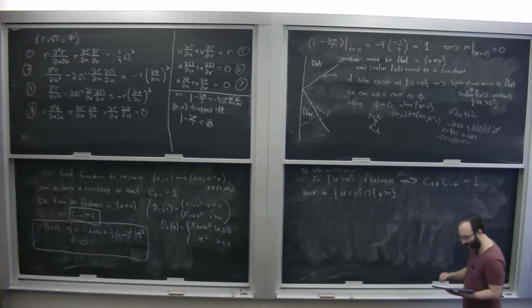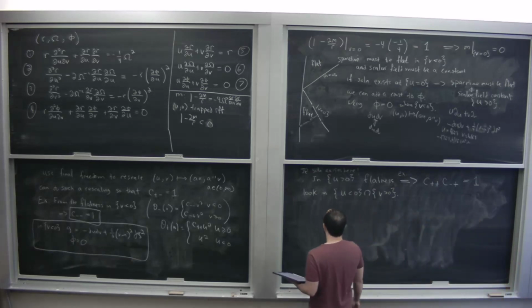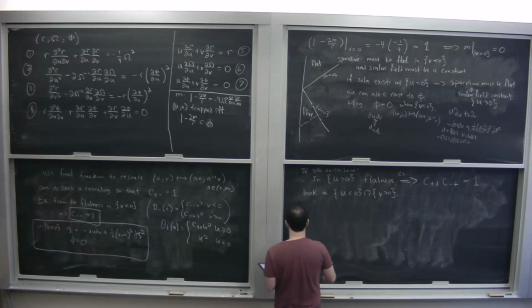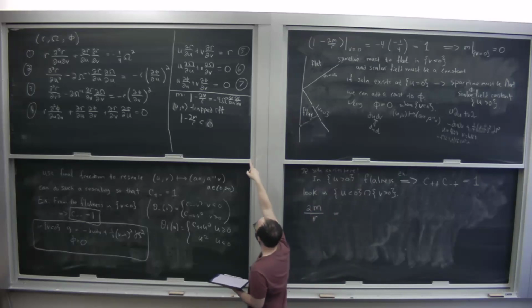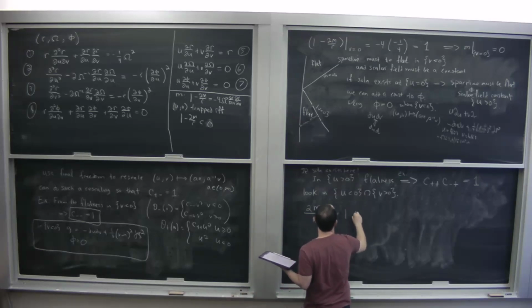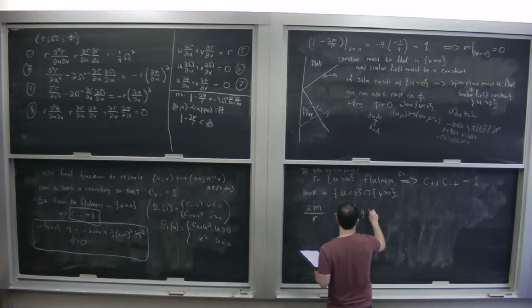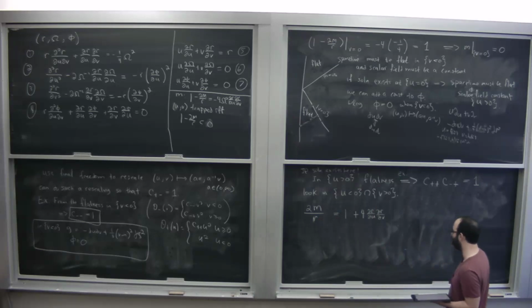Okay, so here you can do a little computation. Again, we have this formula: 2 times the Hawking mass over R. Because the lapse is 1, I can write that as 1 plus 4 dr du dr dv.